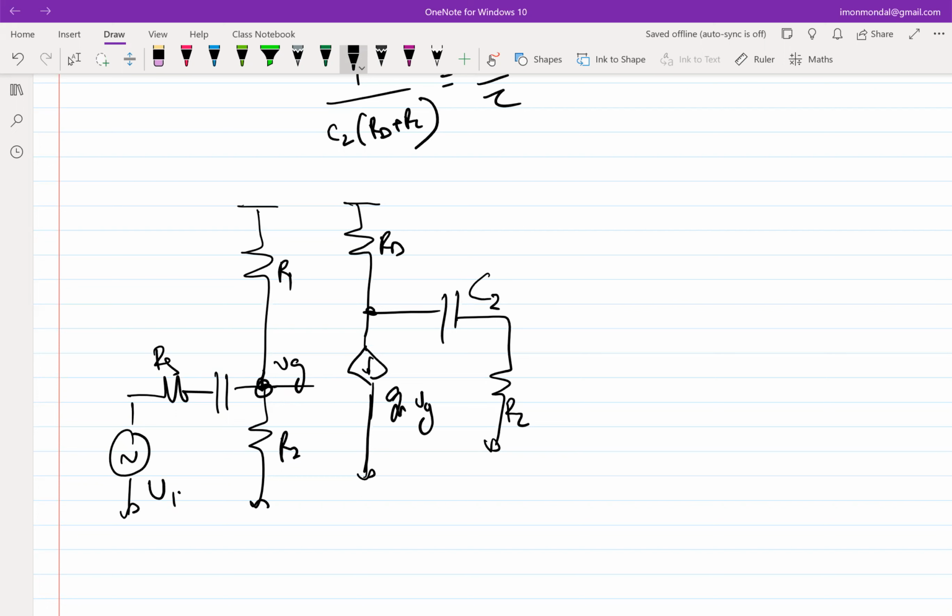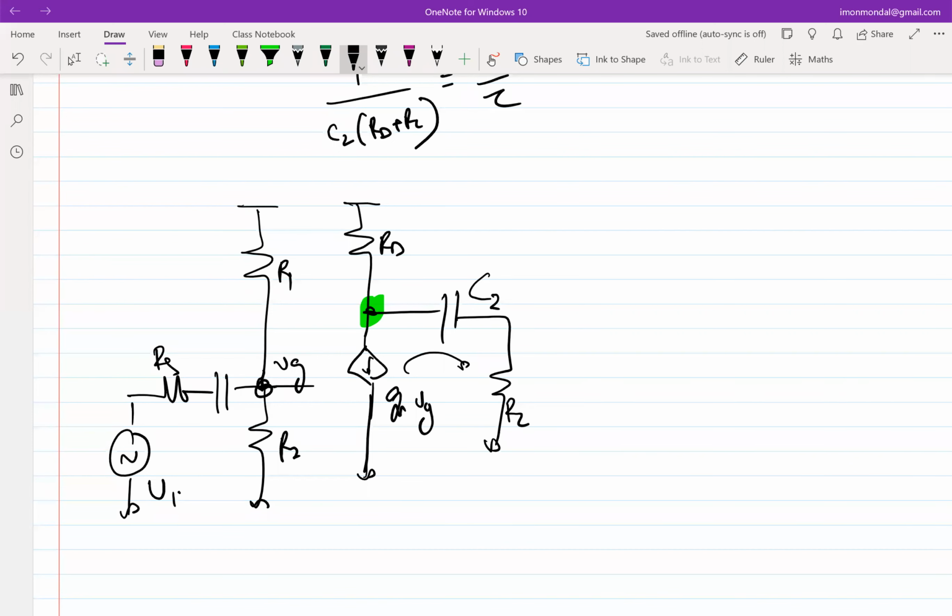This incremental current gets divided when it appears at this node. I had made one comment that I don't want to divide. I want all the incremental current to flow into my load, which naturally means that I need to increase the value of RD. Or, to make a perfect argument, RD should be much, much greater than RL, assuming C2 is a short. RD has to be much, much greater than RL if all the current has to flow into RL.